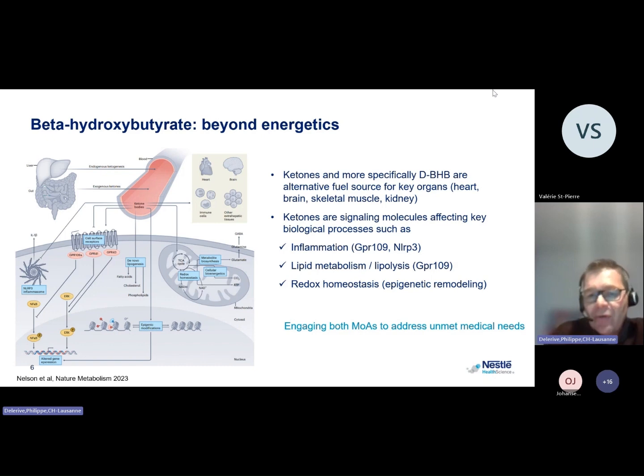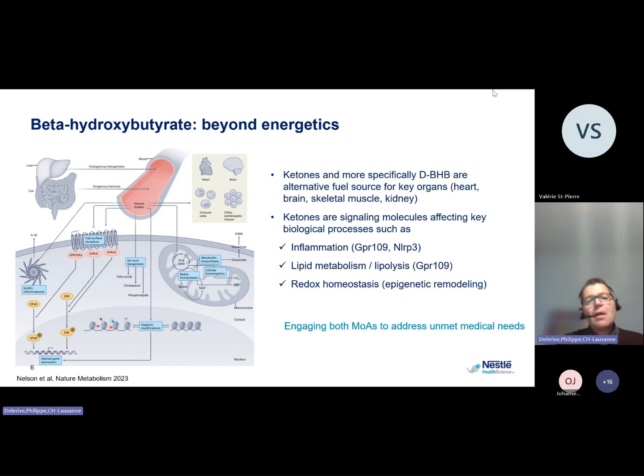Key pathways considered for today's talk are inflammation, targeting GPR109, or HCAR2, but also the inflammasome NLRP3 discovered by Dr. Dixit at Yale. There is also a major impact on lipolysis through its inhibition via GPR109 HCAR2, and a major role in redox homeostasis. It has been shown, through different mechanisms, that BHB induces major epigenetic remodeling, triggering the expression of the antioxidative defense system.